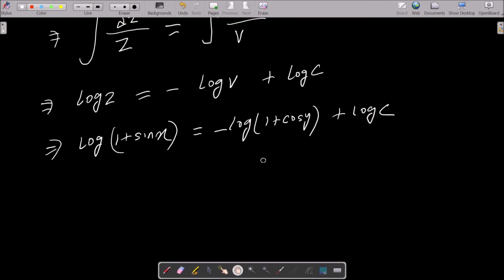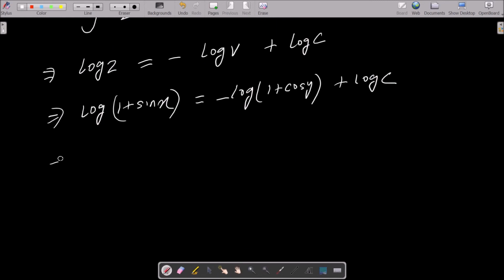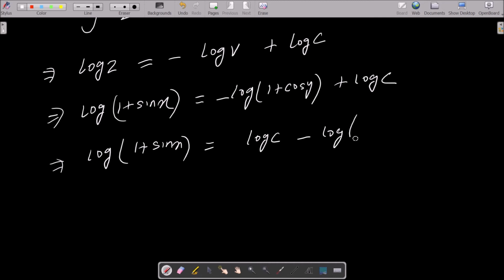Thereafter we need to do the reverse. So log of 1 plus sin x equals log c minus log of 1 plus cos y.